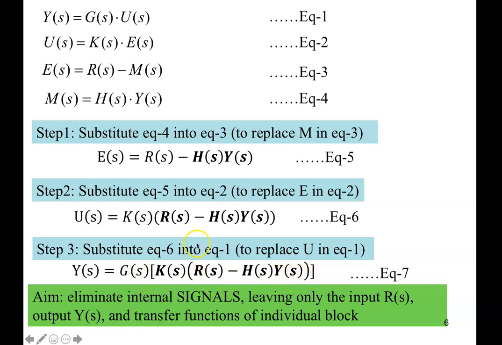The rest of that equation contains just transfer functions. So you only need 2 signals there, the 2 signals that you want to find the relationship between.